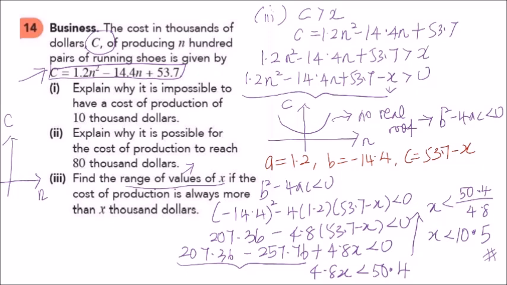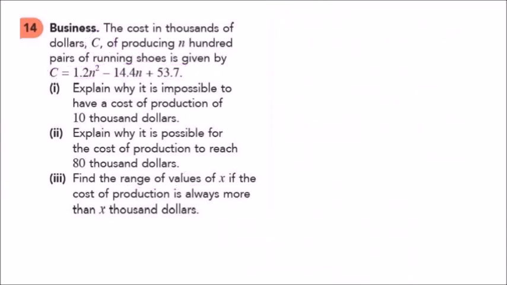If you want your cost of production to be $9,000, then your x will be 9, right? Right. So we found that x is less than 10.5.